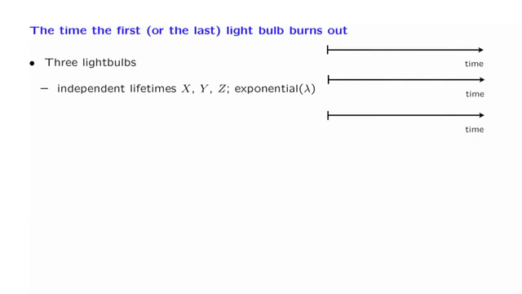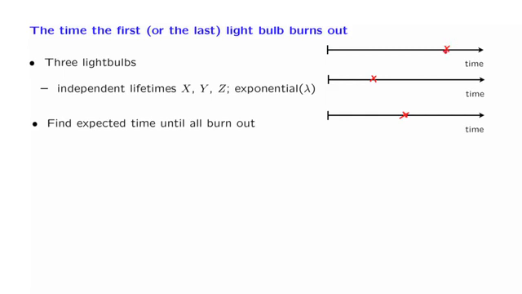Let us now try to solve a somewhat harder problem. Let us try to calculate the expected time until all light bulbs burn out. So, one light bulb will burn out, then another one will burn out, and finally the third one will burn out. We want to find the expected time until this happens.